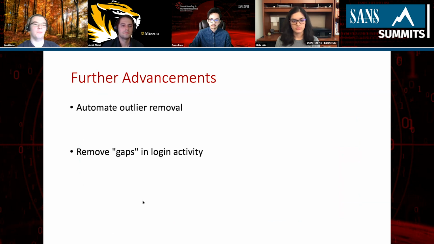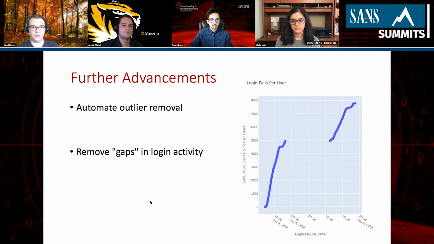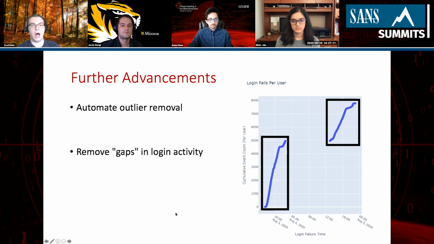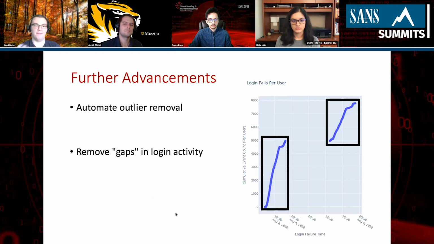Additionally, we would like to remove gaps in user login activity. What I mean by that is illustrated by this user that Jacob talked through earlier. Realistically, we have a 14-hour gap between the last event in their first string of login failures, that first line here, and the first event in the second box.